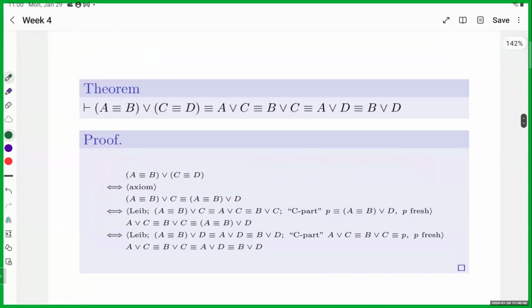Another theorem is this double distributivity.